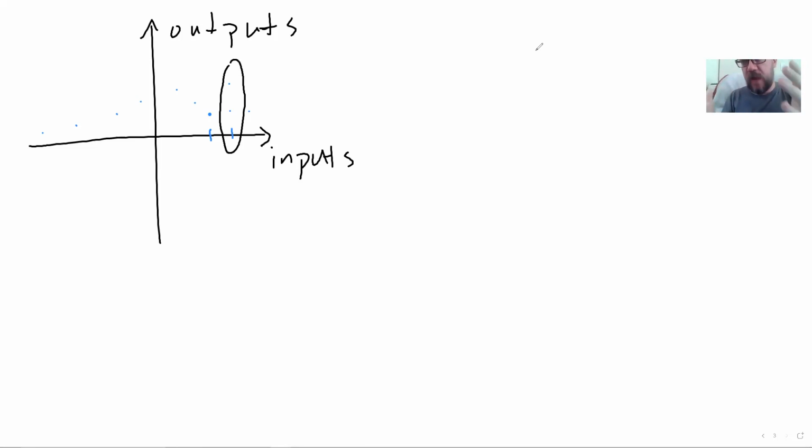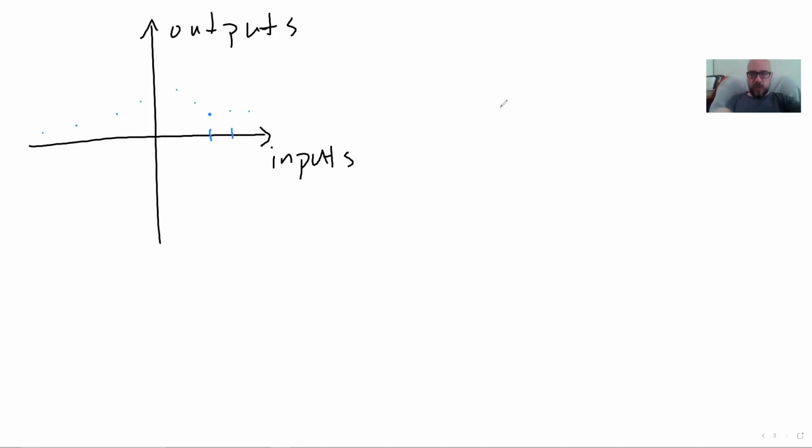There is at least one value where I put in something and I don't know what I'm getting out. Could be one thing, could be the other thing. That's not a function anymore. It's not necessarily a problem. Relations are a fine thing, but it's not a function. So for our purposes, that's essentially what a function is. It's a thing that when you put in something gives you out the same thing every time.